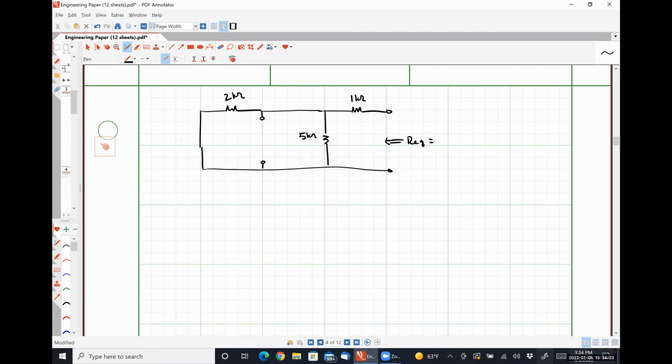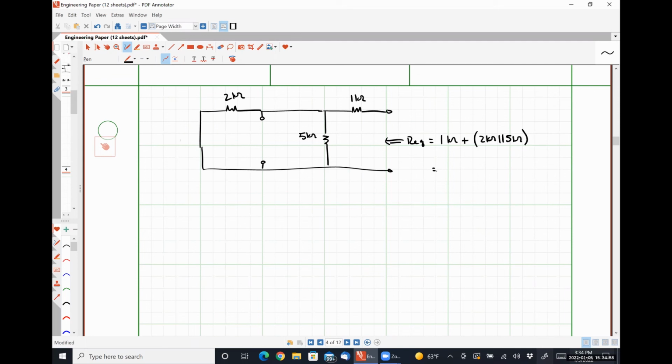So we should be able to figure out what our equivalent resistance here is by pretty much inspection, right? We can see that the 2 kilo ohm resistor appears to be in parallel with a 5 kilo ohm resistor. That'll be in series with the 1 kilo ohm resistor. So 1K plus 2K in parallel with 5K.